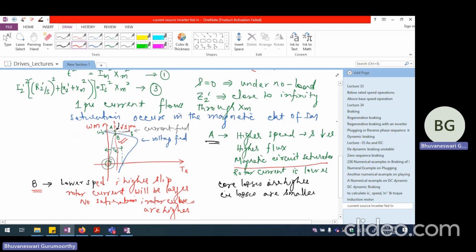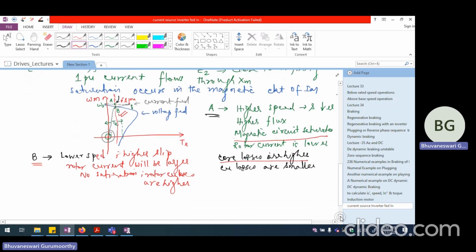And another thing is core losses are going to be higher, means again, we may be playing around with the magnetic design of the motor, and we may actually cause a havoc in terms of the functioning of the motor itself.